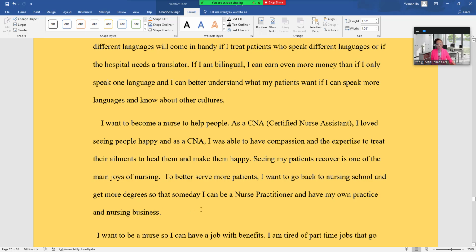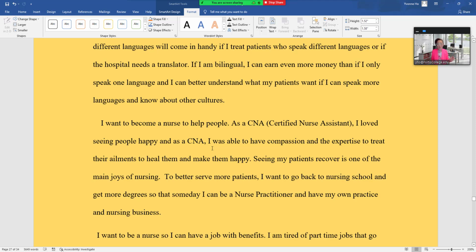And so this whole paragraph, here you have the topic sentence, I want to become a nurse to help people. And then here you have your supporting sentences that then describe the topic sentence of why you want to help people. As a certified nurse assistant, I love seeing people happy. And notice how I wrote out certified nurse assistant first. Then I can use CNA throughout the rest of my essay.